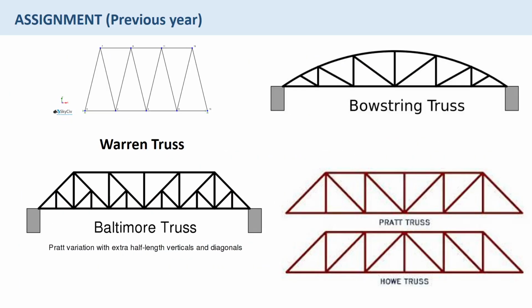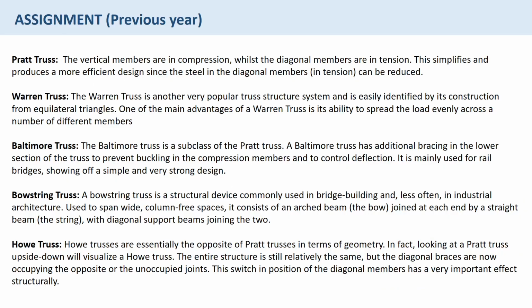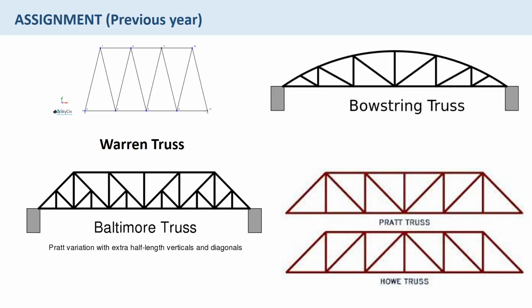So this is how Warren truss looks like. It is formed by equilateral triangles. And then we have Baltimore truss, which is a subclass of Pratt truss, but it has more bracing in the lower part, more diagonal bracings with half-length verticals and diagonals.